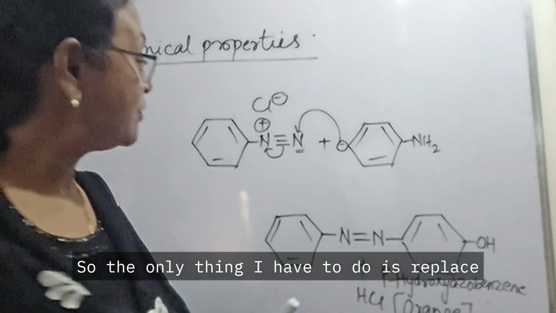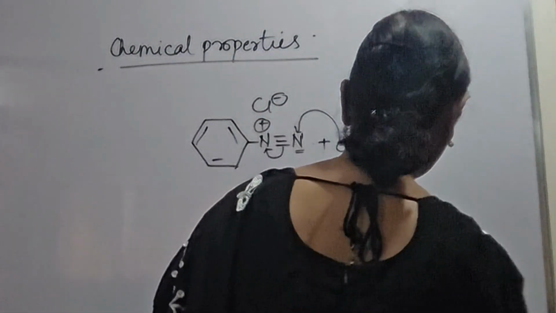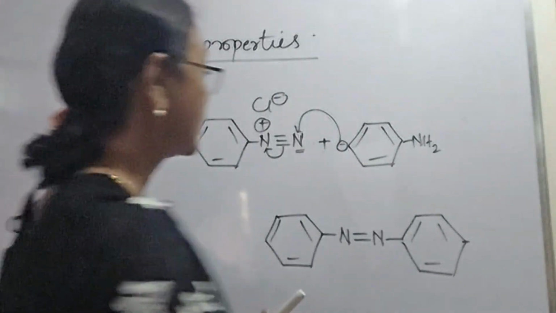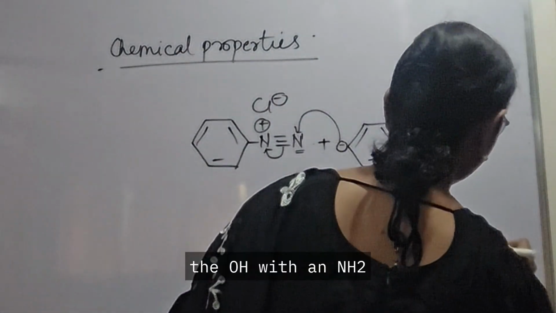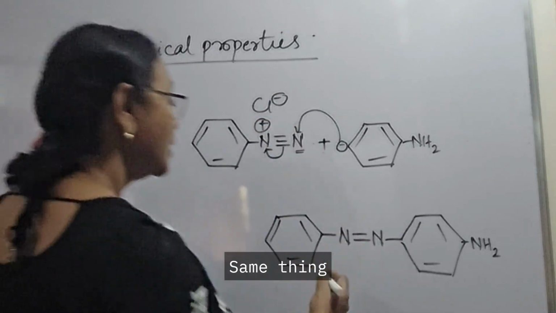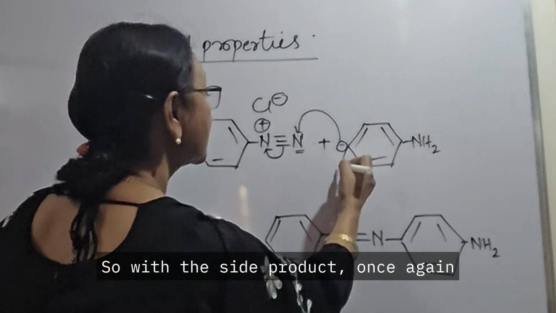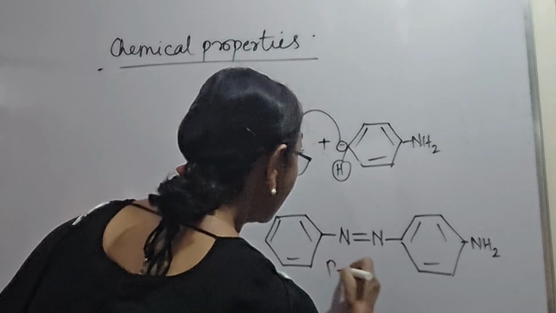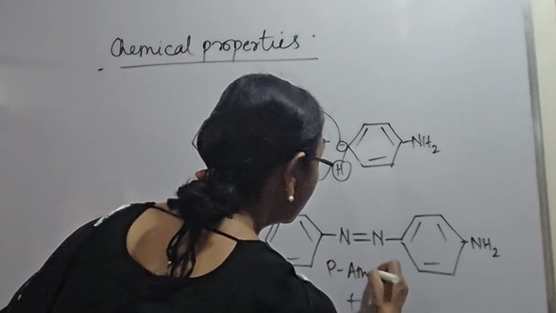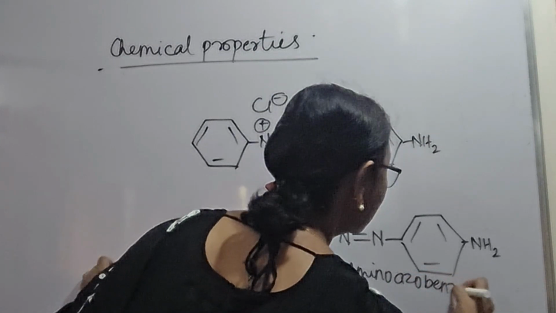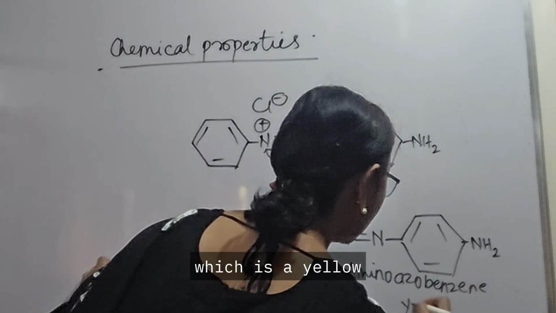So the only thing I have to do is replace the OH with an NH2, and now I get the product. Alright, same thing. With the side product, once again the hydrogen and the Cl will go out as HCl. So this is para amino azobenzene, which is yellow.